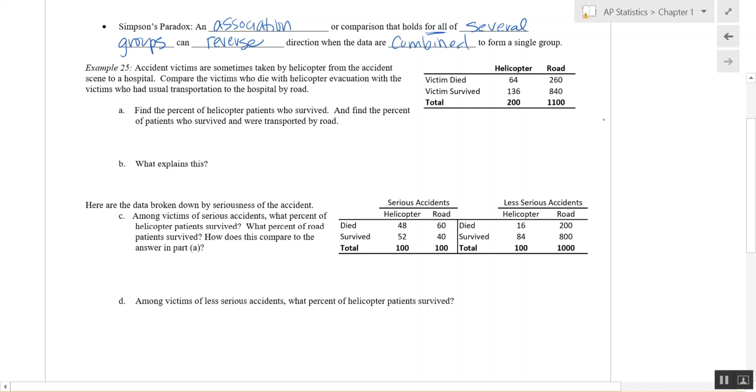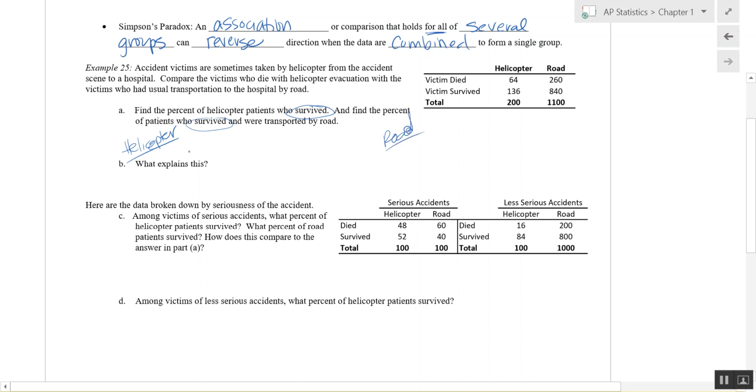So part A, find the percent of helicopter patients who survived. Find the percent of patients who survived when they were transported by road. So we're looking at survived, people who lived in both of these. We look at the helicopter, and then we look at those transported by road.